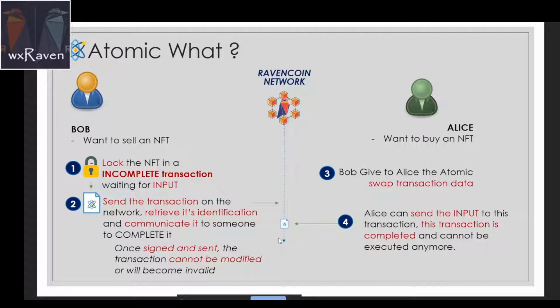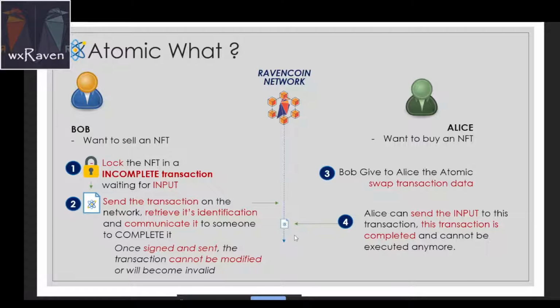Once I did that, I created a contract, let's say, which says anyone that sends what I asked as input will receive what I provide as output. And if anybody tries to change anything in this transaction, the transaction instantly becomes invalid. So there is no way to pay less, to pay more, or to change their mind.